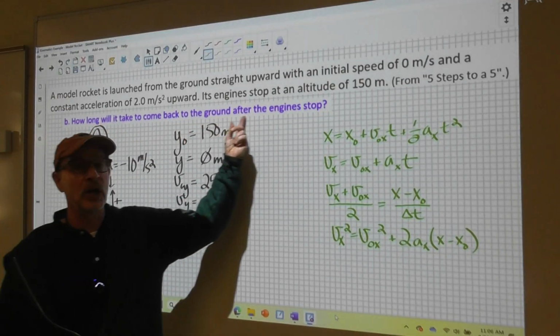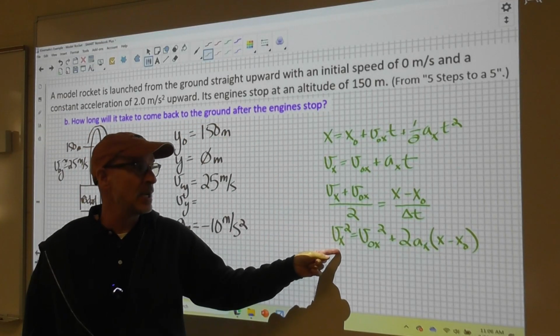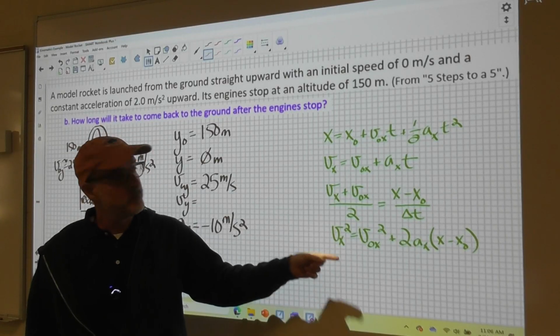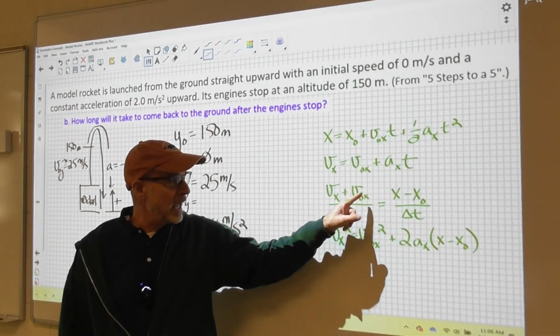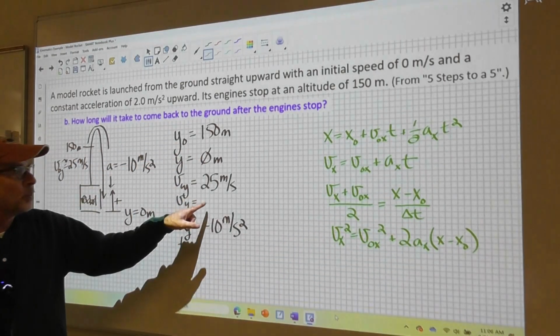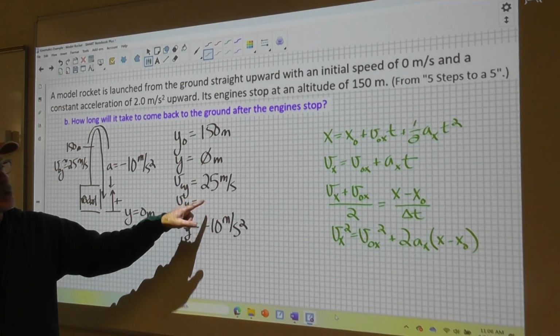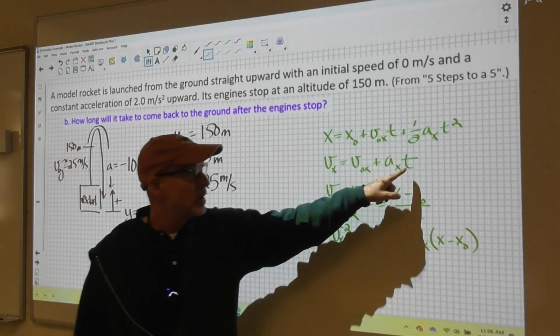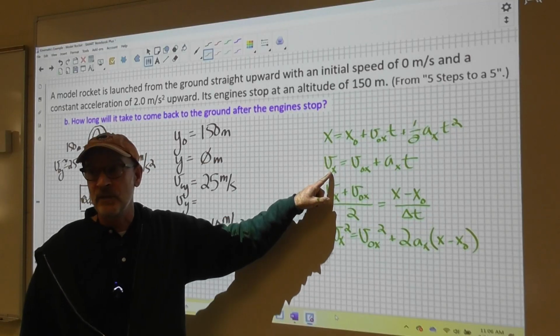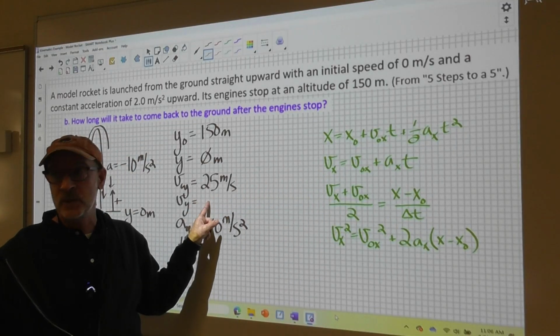We're trying to find how long it's going to take. This equation doesn't have time in it. Not useful. This equation does have time, but it also has final velocity, which we don't know. So this equation isn't useful. This equation has time, but it also has final velocity, so that's not useful either.